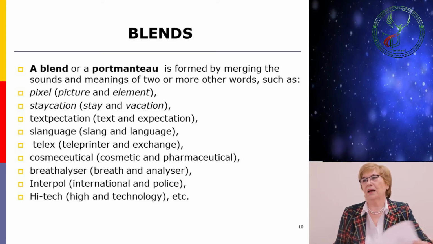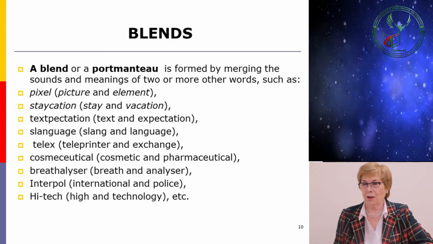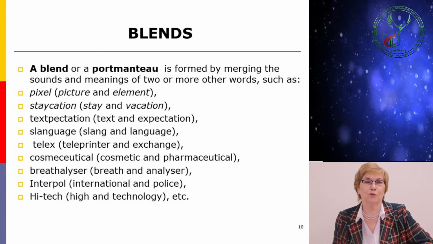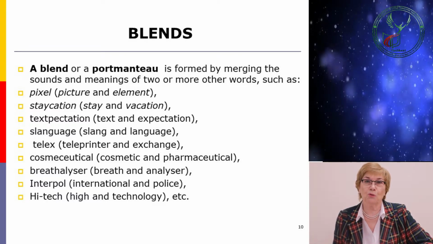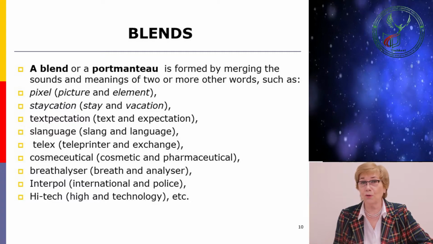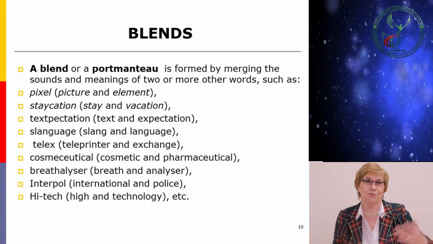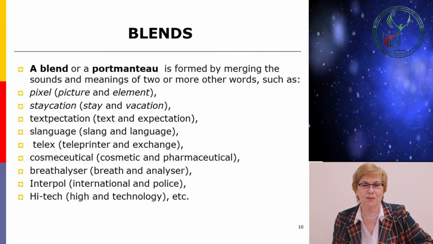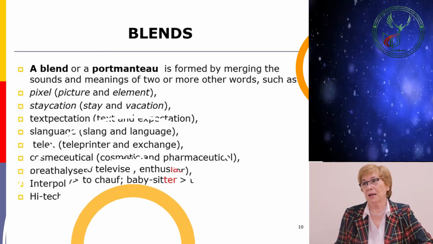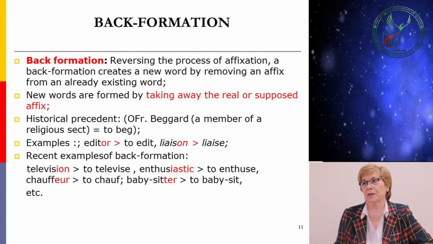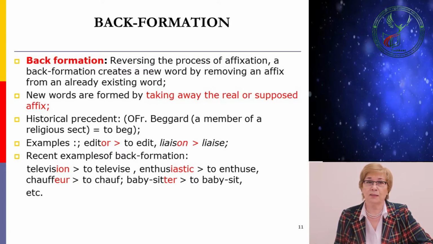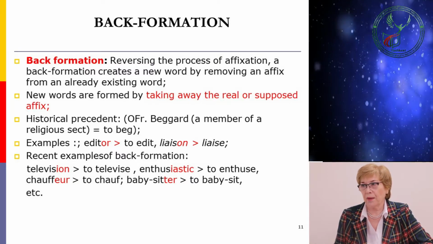Okay, and you can yourself find very beautiful blendings if you go to an internet site and just Google blendings in modern English. You'll have about 200 of them, if not more. Okay, the next non-productive type I want you to get acquainted with is backformation.